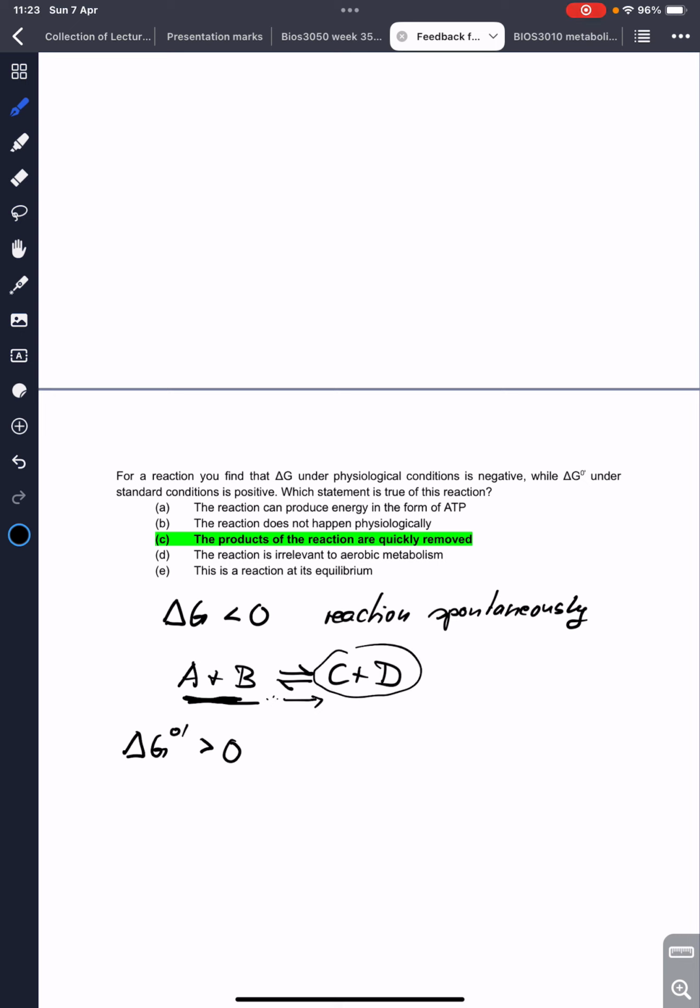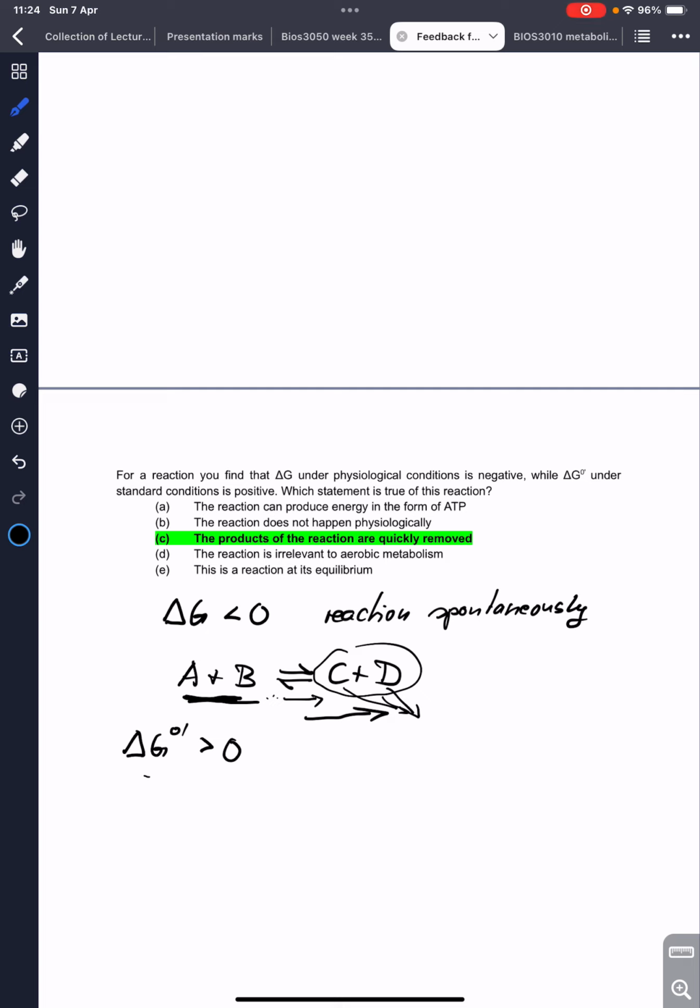The only way we can do that is that we remove one or both products from the reaction, because then, according to the principle of Le Chatelier and Braun, we will shift the equilibrium to the right-hand side. So the way it works in metabolism is that the products of the reaction are fairly quickly removed.